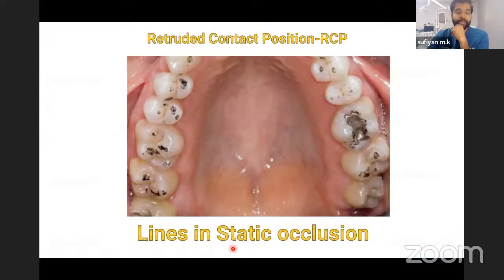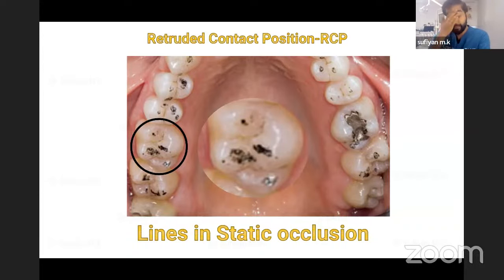So a few times you might have seen, when you ask the patient to bite open and close, you will see lines in the static occlusion, right? Which are not ideal. So why is this happening? It means that the first point of contact is there. Okay, imagine you have given a crown on this tooth, or you are checking the pre-occlusion.